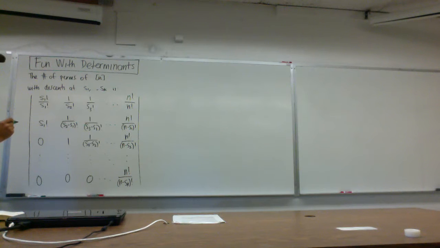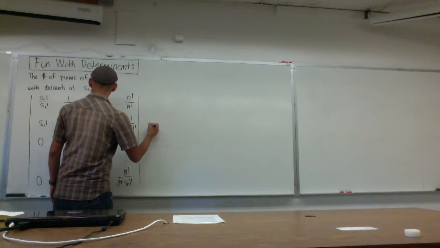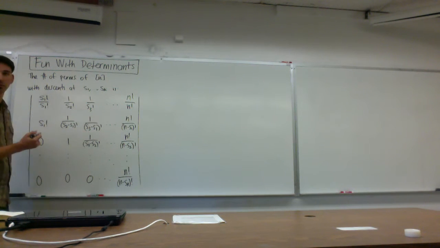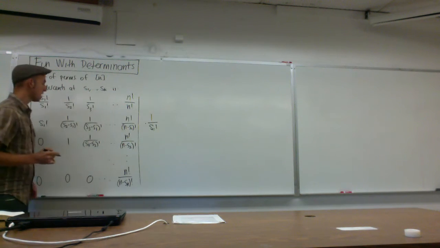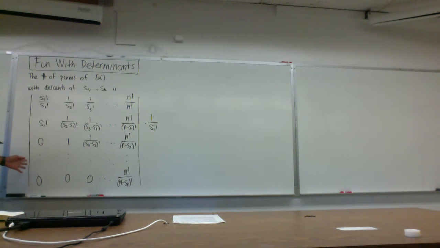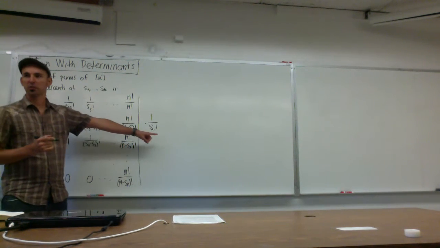And now, of course, if I multiply here, then I just scale the determinant by s1 factorial, so I should divide by s1 factorial. Okay? So I multiply this column by s1 factorial, and so I should divide by s1 factorial so that I don't change the answer.